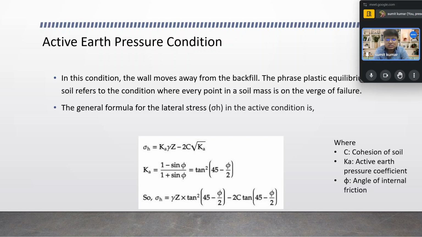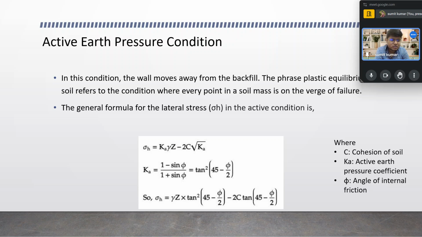So the general formula for the lateral stress, that is sigma h, in the active condition is sigma h equal to Ka into gamma z minus 2c into root K. It considers both the cohesionless as well as the cohesive concept in one go, because if the value of cohesion is there, we consider it.